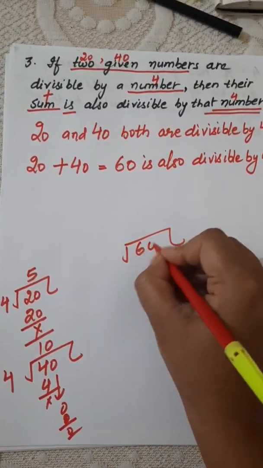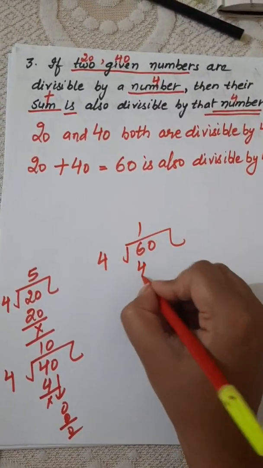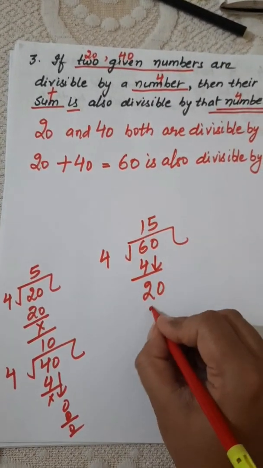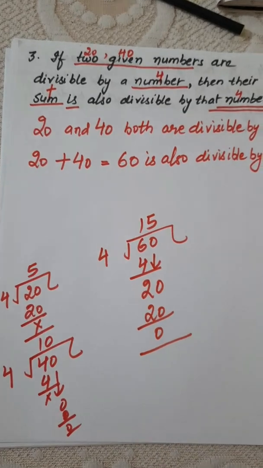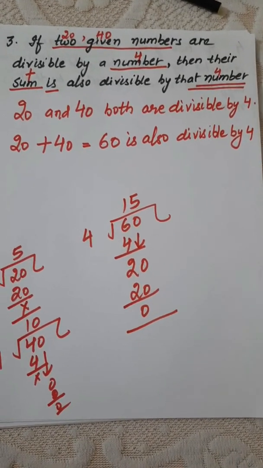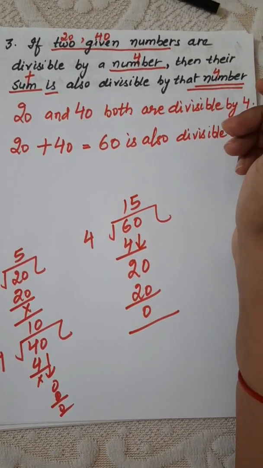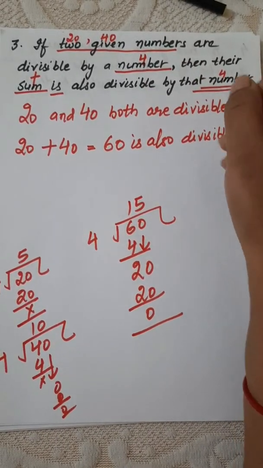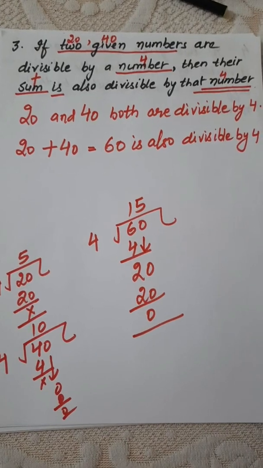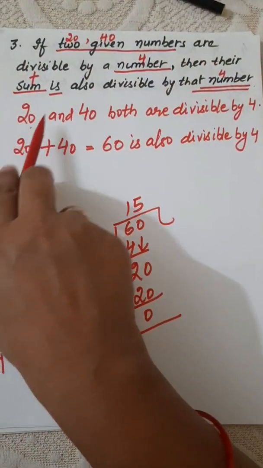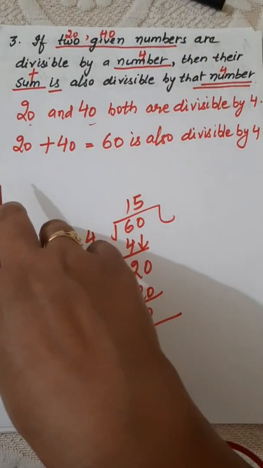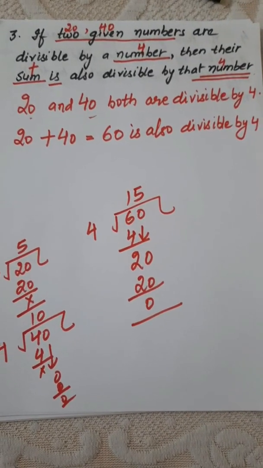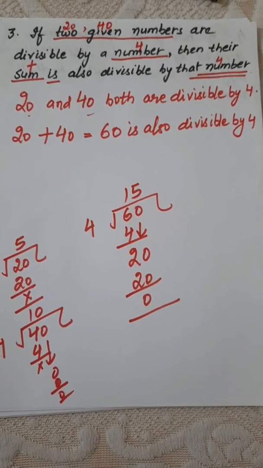Let's check. 60, 4 1s are 4, here we get 2, 4 5s are 20. So here we have the third rule. If two given numbers are divisible by a number, then their sum is also divisible by that number. You can also take any other number for this rule. Here 20 and 40 both are divisible by 4, so 20 plus 40, that is 60, is also divisible by 4. This is the third divisibility rule.